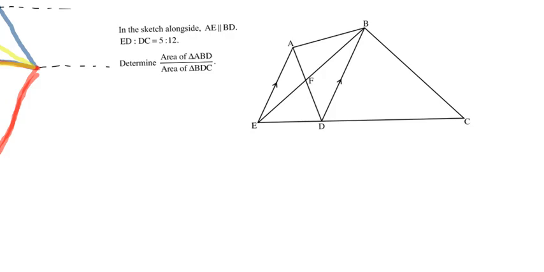We said it was BED, because it was sharing the same base as this other triangle that was here. So now we have the area of triangle EDB over the area of triangle BDC.